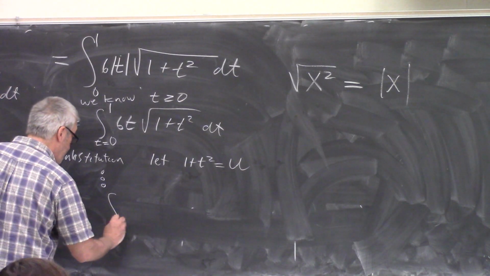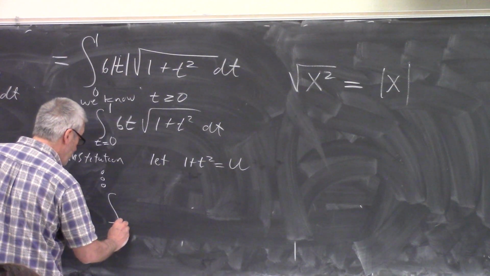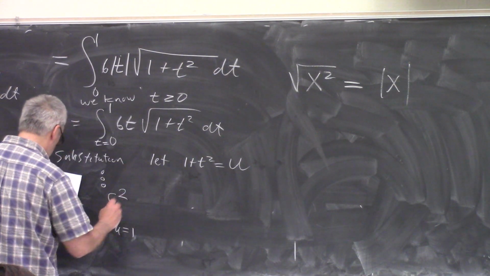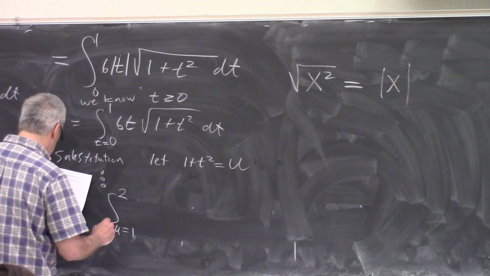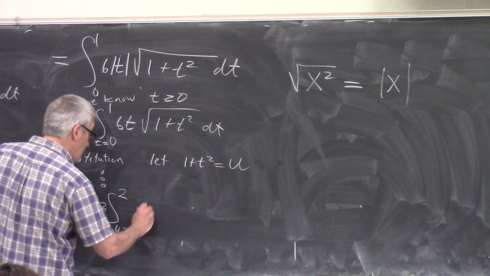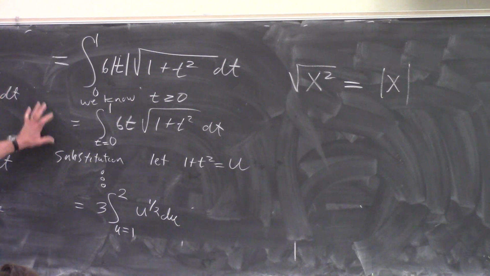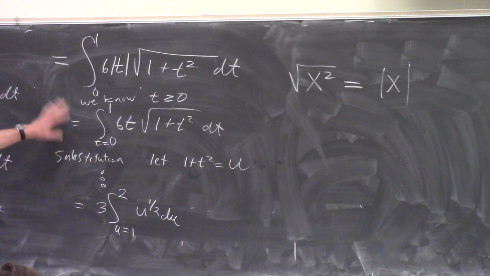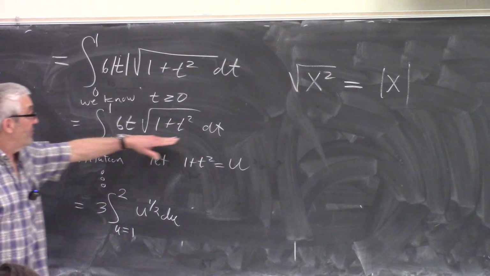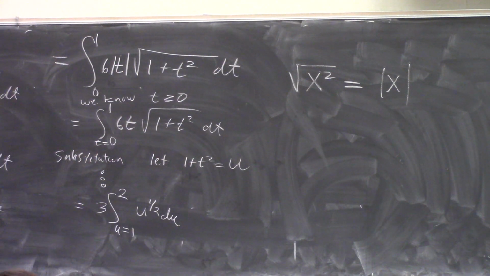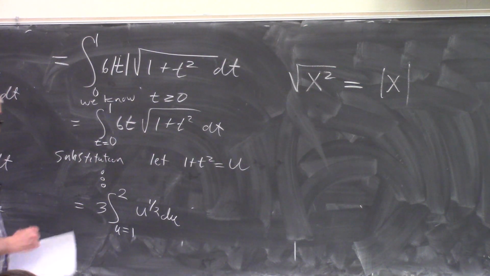We get the integral from u equals 1 to 2 with a 3 in front and u to the 1/2 du. So again, this is a standard substitution problem. You go through the steps. You've got to figure out a new version of dt. You've got to transform the limits of integration.